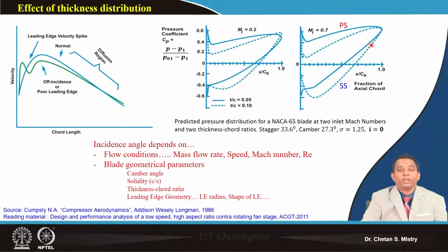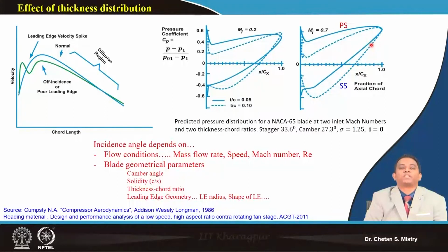Here we need to realize one thing: when we do our design, we do it based on the parameters we expect. From those parameters we can calculate different quantities, such as degree of reaction, diffusion factor, and different angles, and how they vary with the change of my vortex configuration.